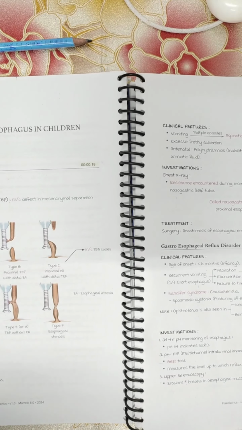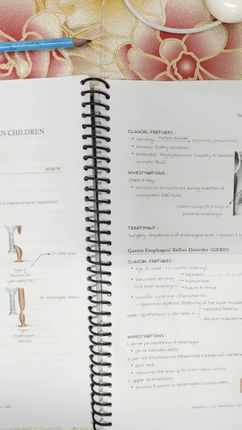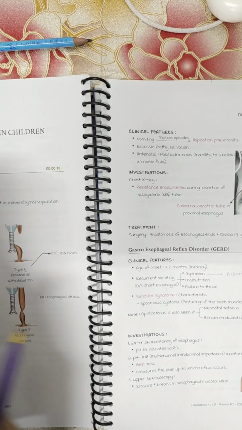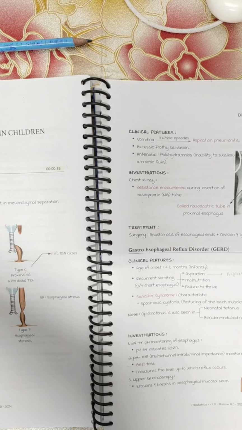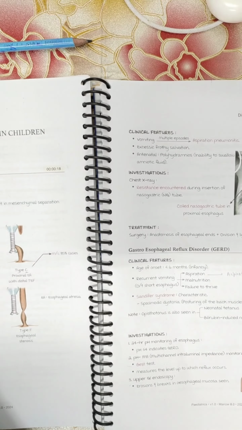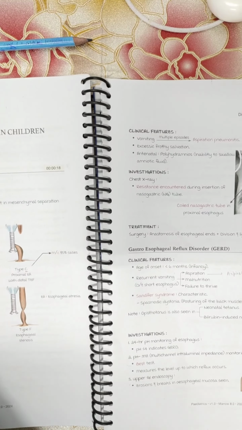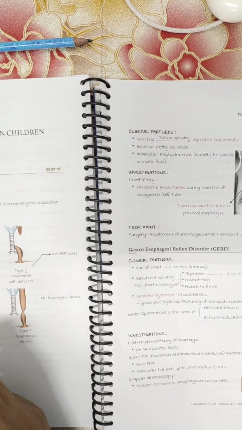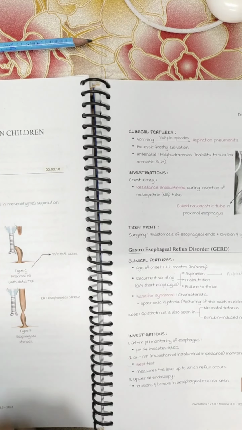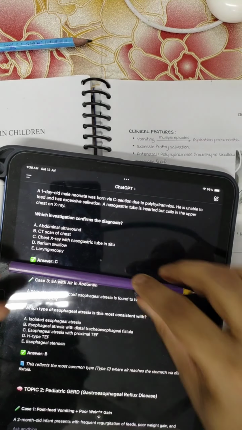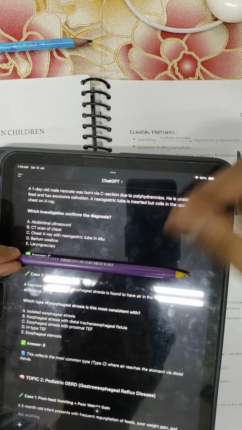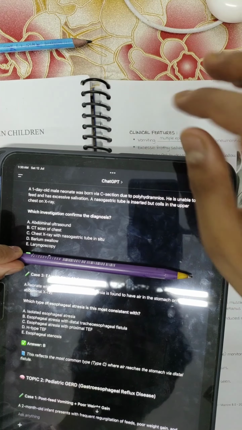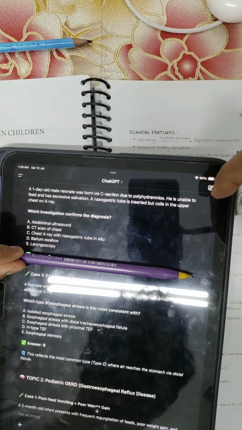Okay, now the next one is this one. It is said that a 1-day-old male neonate was born via C-section due to polyhydramnios.